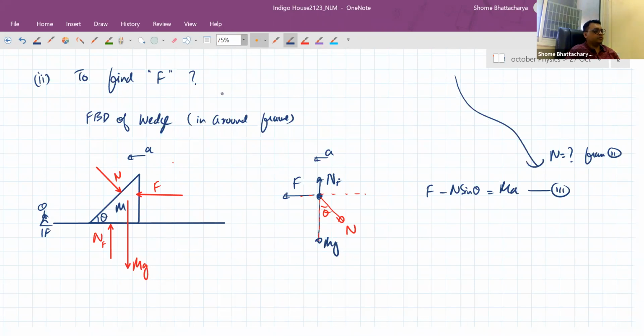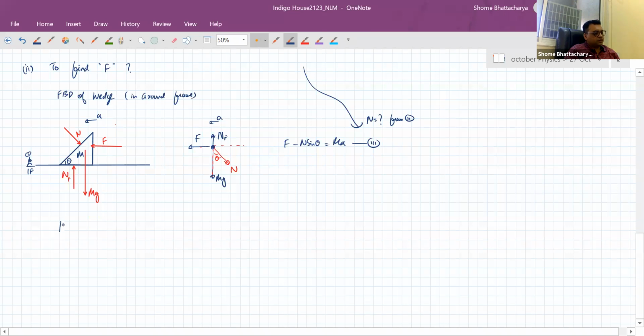But we have an option. So the option we have is instead. This is a very good trick, that instead of this, since the block small m and the wedge capital M move together, like one single object.